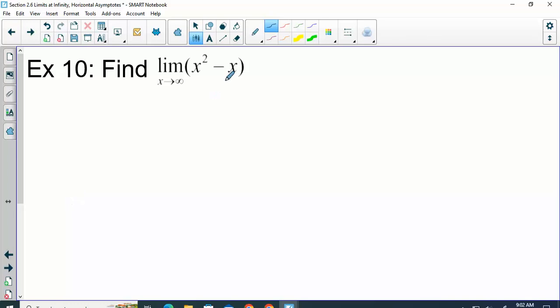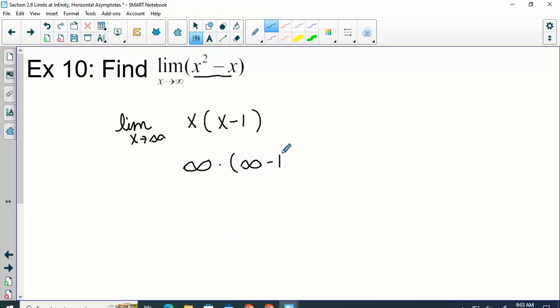So is there anything I could do to rewrite this? We take out an x. Then we would have x times x minus 1. Okay, if I plug this in, then we have infinity times infinity minus 1.